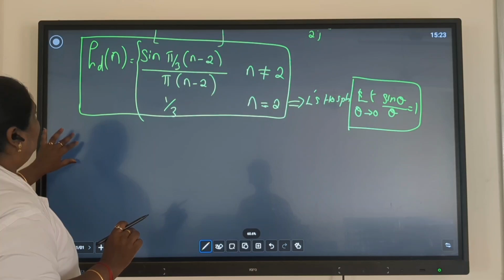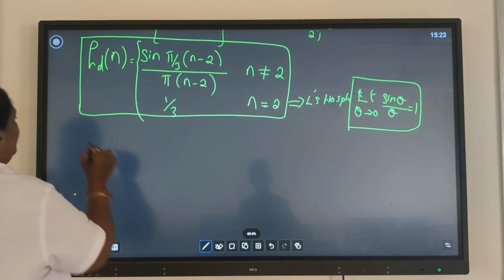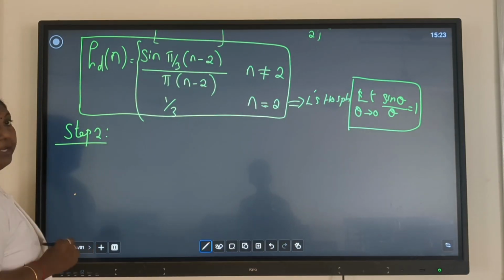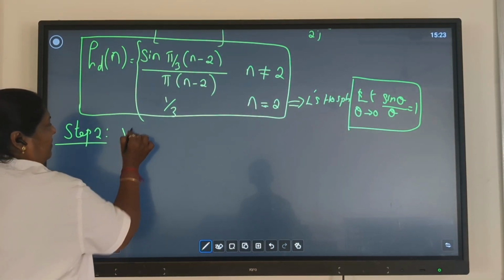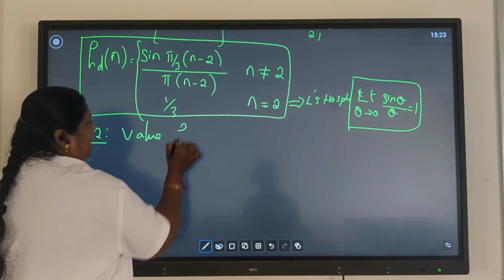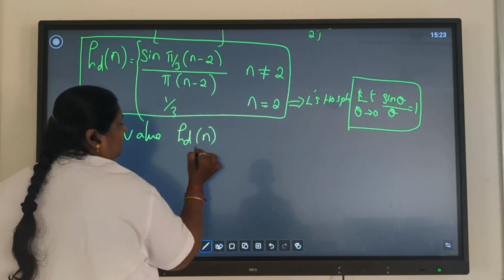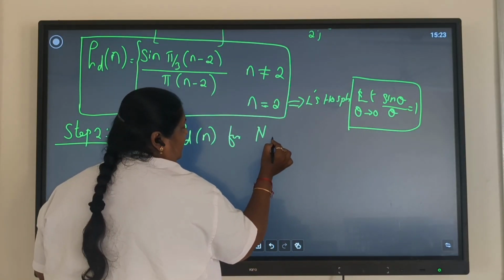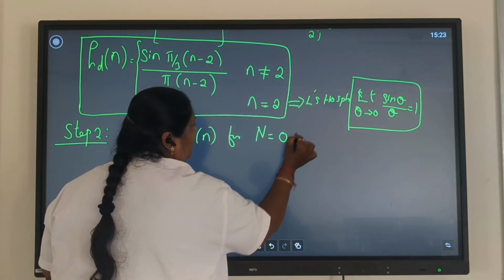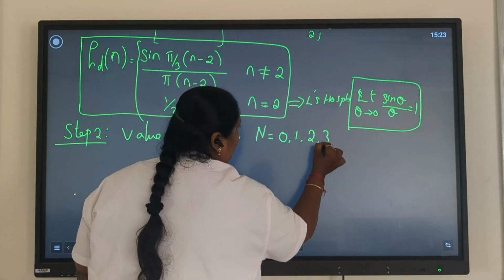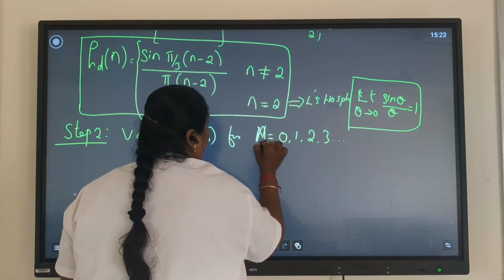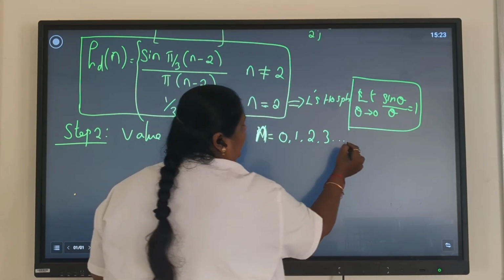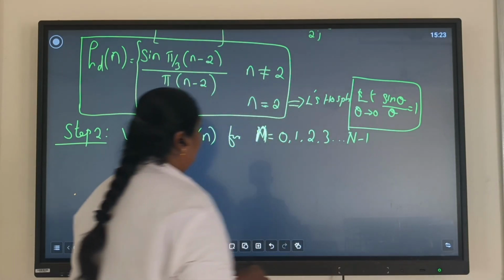So in the second step, step 2, we are going to find the values of hd of n, for capital N varying from 0, 1, 2, 3, etc., when small n is equal to 0, 1, 2, 3, etc., till N minus 1.